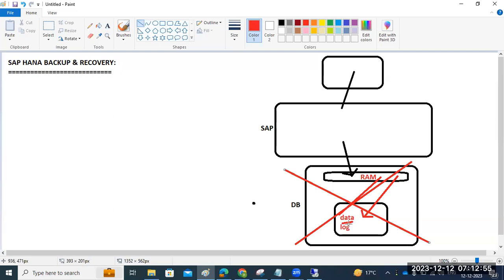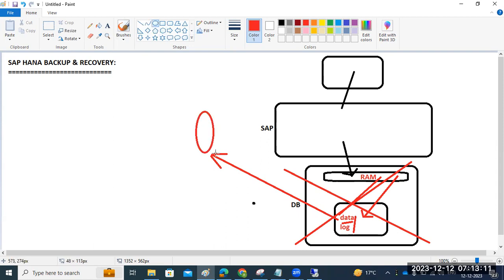That's why every day we need to take the backup of your data and log folders to separate disks or separate storages.